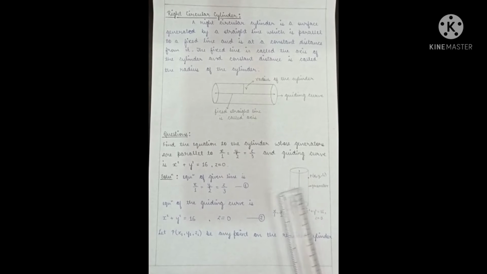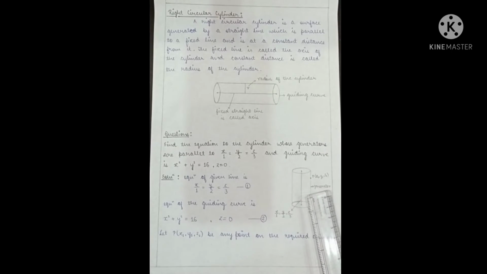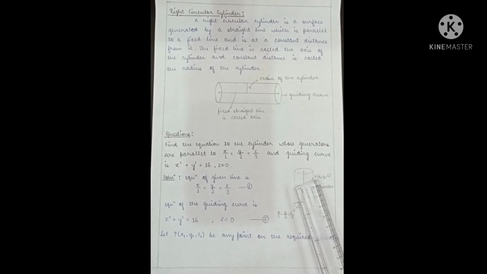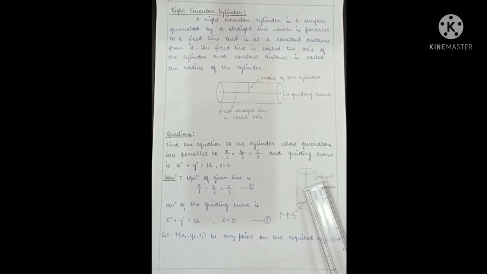So here on this moving straight line, which is also called the generator of the surface, we will consider a point P which is (x1, y1, z1). The equation of the generator through the point (x1, y1, z1) and parallel to the fixed line x upon 1 equals y upon 2 equals z upon 3 is (x minus x1) upon 1 equals (y minus y1) upon 2 equals (z minus z1) upon 3, and this is equation 3.